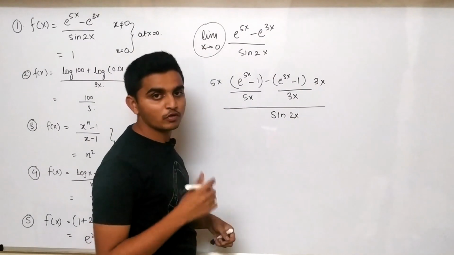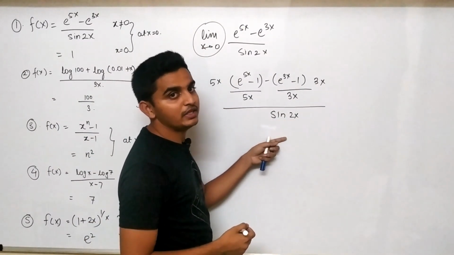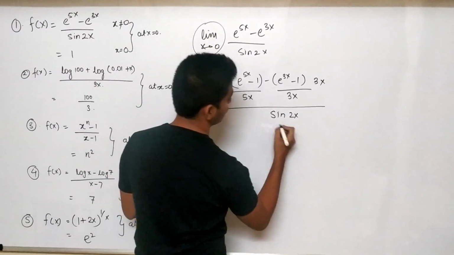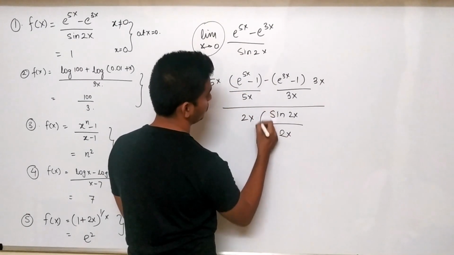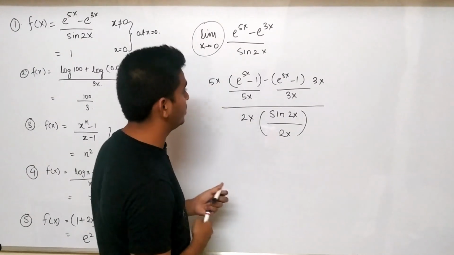So from this slide, you know that sine of any theta divided by theta, when theta is approaching 0, is necessarily 1. So we can divide this whole thing by 2x and then multiply it by 2x. Now watch carefully what is happening over here.